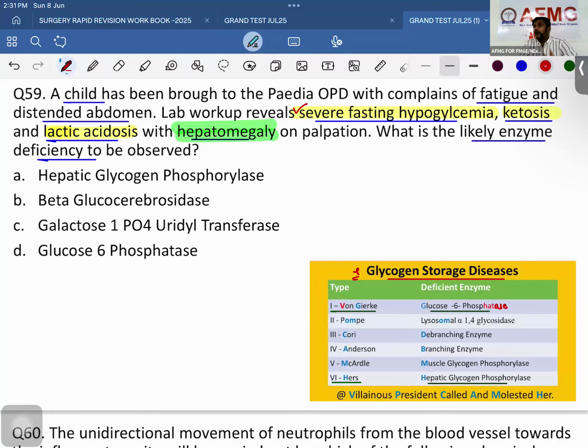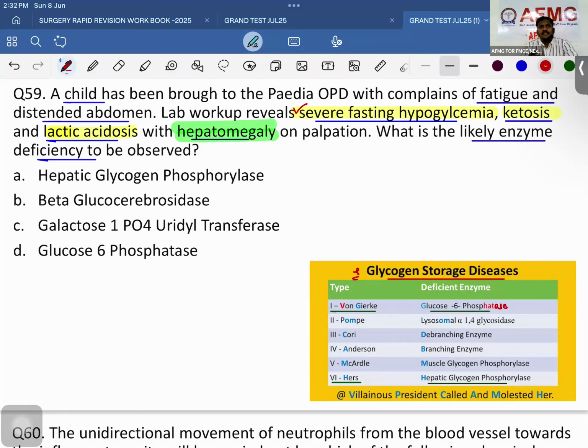But in a case of Hers disease, beta, the enzyme deficient is hepatic glycogen phosphorylase, which is only and only required for the process of glycogenolysis. So even if glycogenolysis will not occur during the fasting state, gluconeogenesis can still happen, and therefore in Hers disease, the patient will have only a mild hypoglycemia and therefore no ketosis and no lactic acidosis.